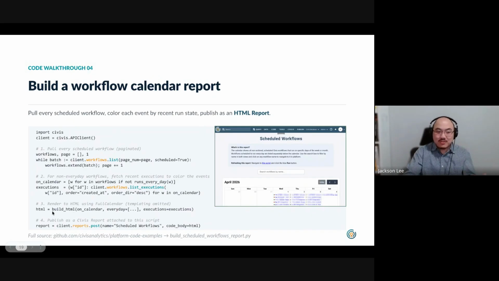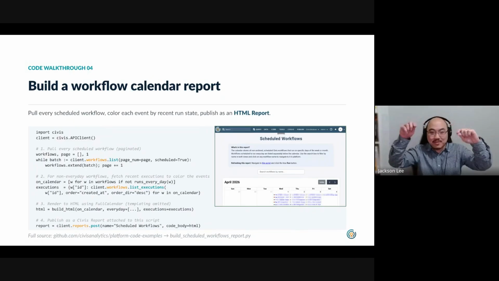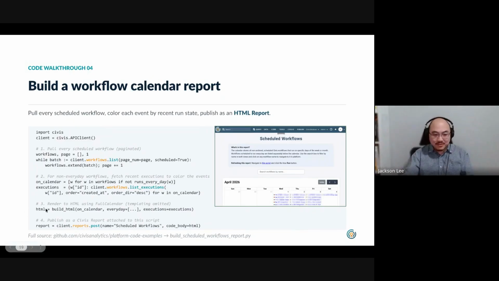In this case, you basically build HTML code. This variable html is a Python string that literally has things like angle brackets, html, and an h1 header and things like that. So this is a giant string with HTML code.